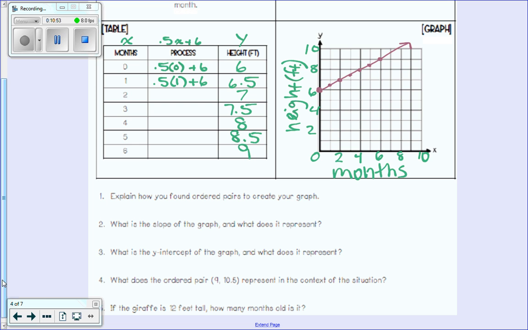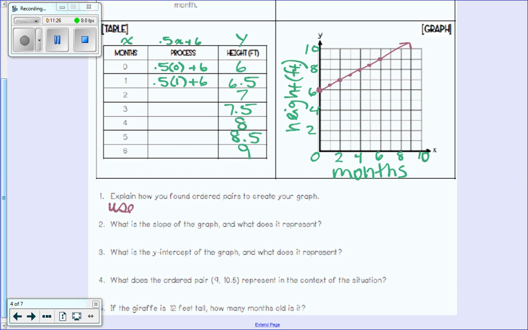Explain how you found ordered pairs to create your graph. What did we do? How do we find our ordered pairs? Through the table. What do we do with the table? Good.